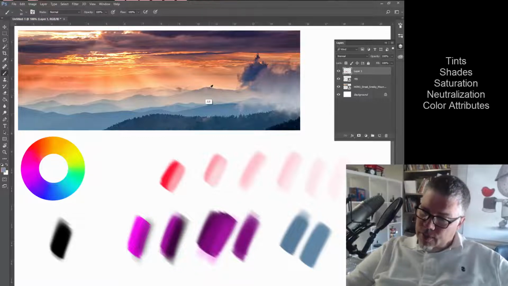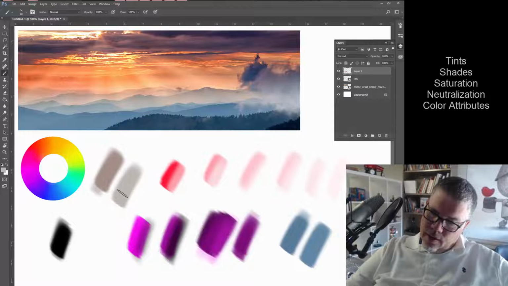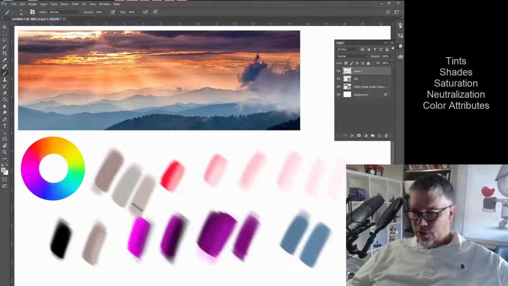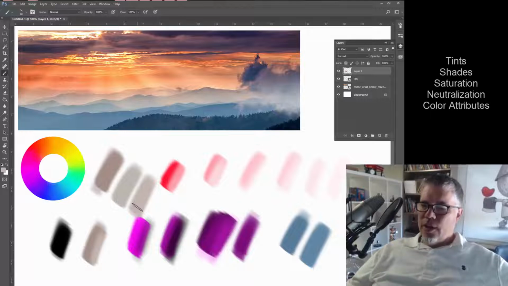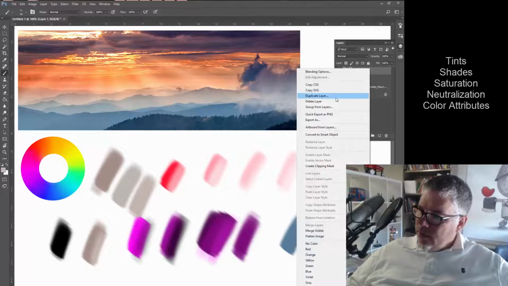So the same thing up here, if we have this color right here, then to get down to this color right here, we would add white, right? If I take that color again and just add a little white to it, I'm going to end up with about the same color, just a lighter version. Okay, so that's tints and shades. And then let's get rid of that layer.